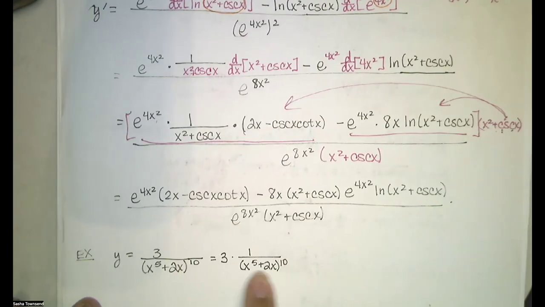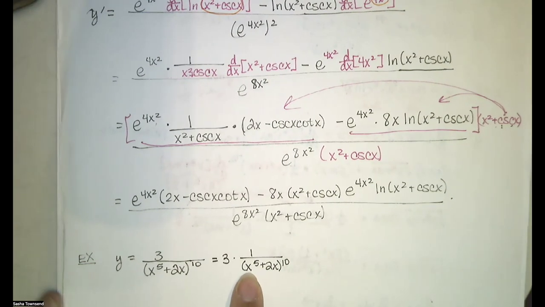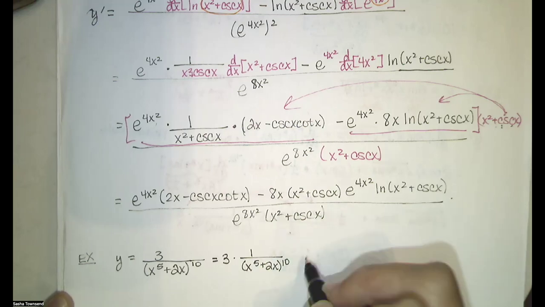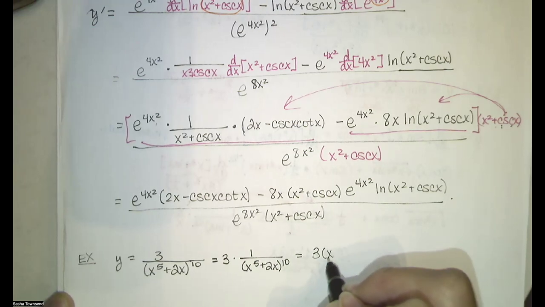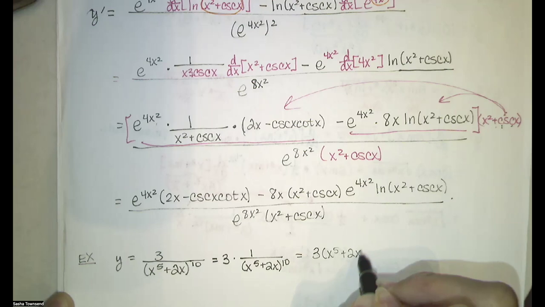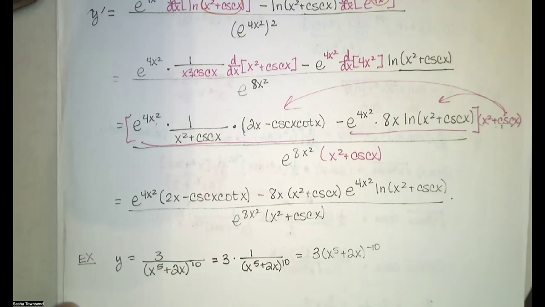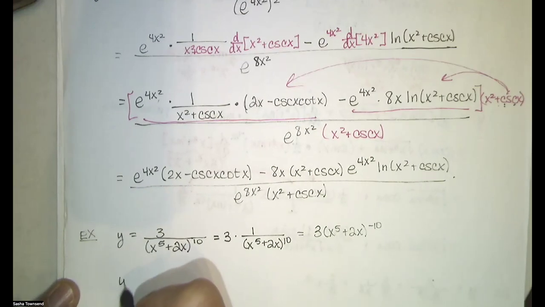This is actually x to the 5th plus 2x raised to the 10th power in the denominator. So when we bring it up to the numerator, it becomes x to the 5th plus 2x raised to the negative 10th power. And now we can apply our chain rule.